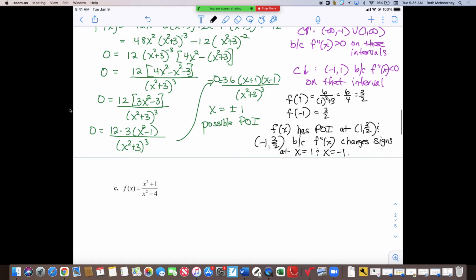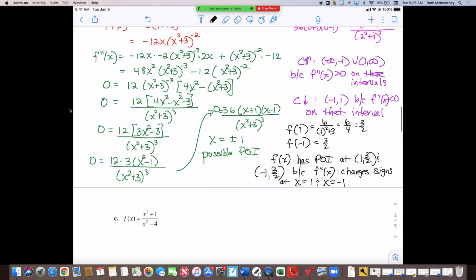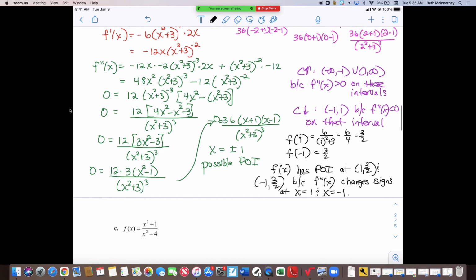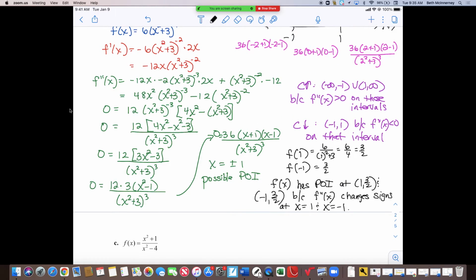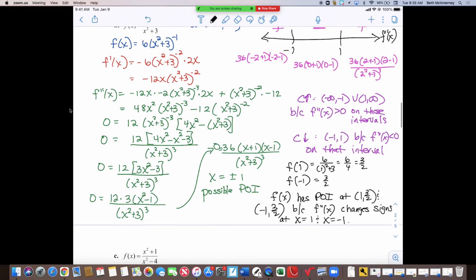Yeah, David? Could you explain a little more why for AP Calculus we usually use closed intervals for increasing, but open intervals for concavity? Yeah, that's a great question. Remember we talked yesterday about the formal definition of increasing: every point beside it is going to be higher and higher.